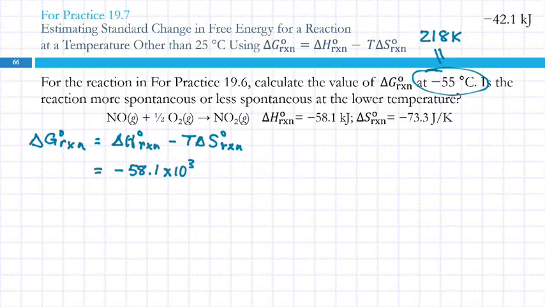I'm just going to write the times 10 to the third instead of joules. And now we've got 218 Kelvin times negative 73.3 joules per Kelvin.